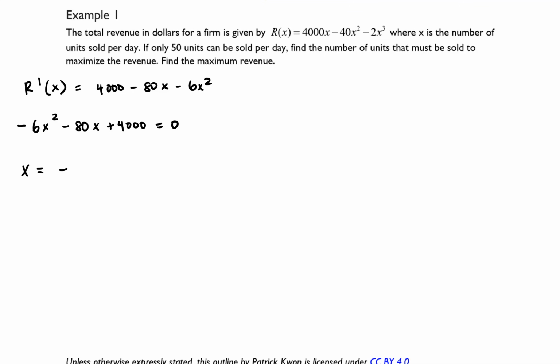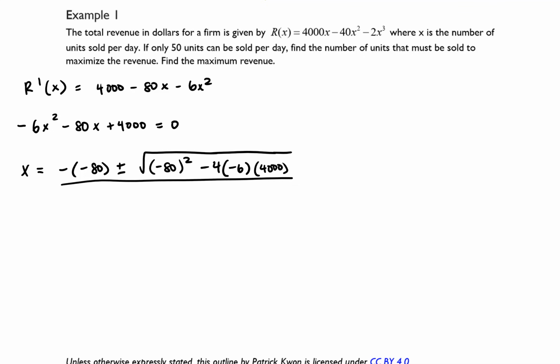So x is equal to negative b plus or minus the square root of b squared minus 4ac, all over 2 times a.